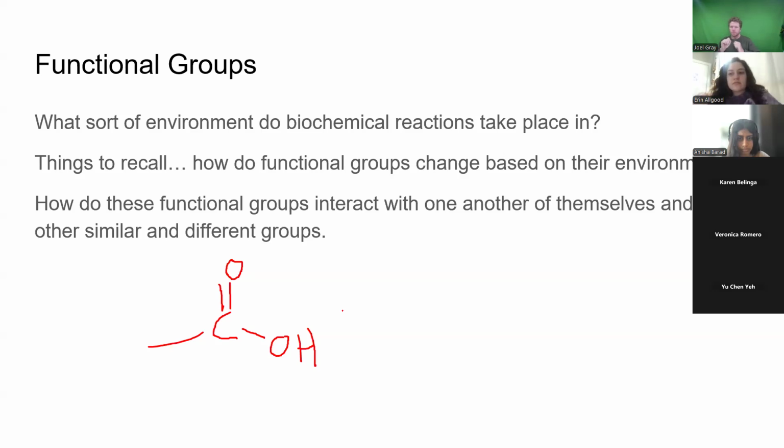Perfect. A pKa is something really important for biochemists because, if I were to look at any carboxylic acid, could anyone make an estimation about what the pKa of a general carboxylic acid is? I'm going to do the organic chemist thing and just throw an R here and done.